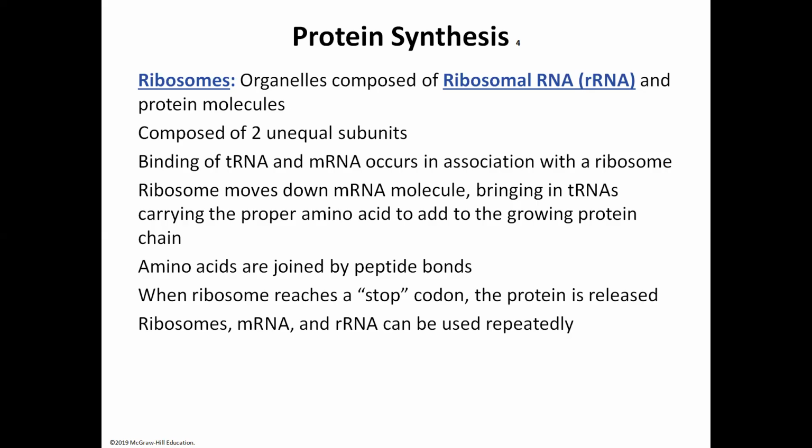And so the more tRNAs you have come to the area, when they come together, it's going to grow this polypeptide chain. And the amino acids are, again, joined by that peptide bond. As I showed you guys in the review, when we saw that carboxyl group with that amine group came together, it had that bond in between. That's how these are joining, and they're joining and joining and joining.